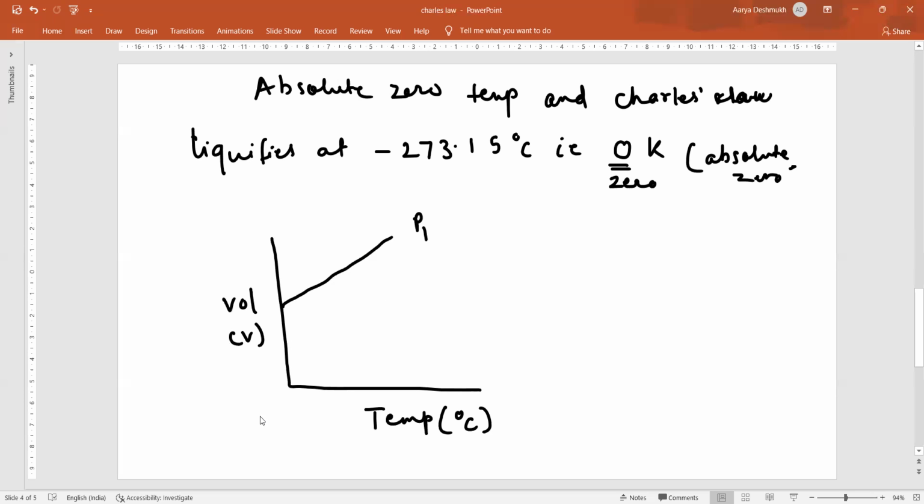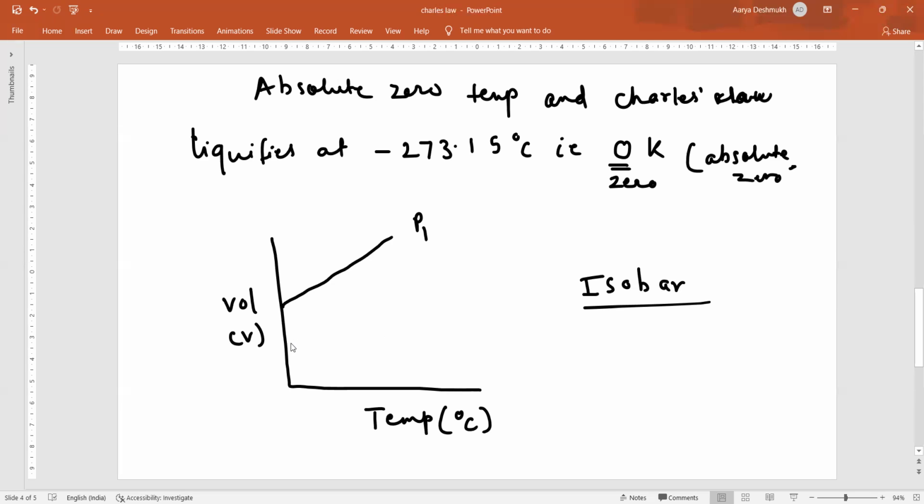As the temperature increases in this direction, the volume also goes on increasing. You can see from the nature of the graph. This type of graph of volume versus temperature at constant pressure is called an isobar. Isobar means at constant pressure.